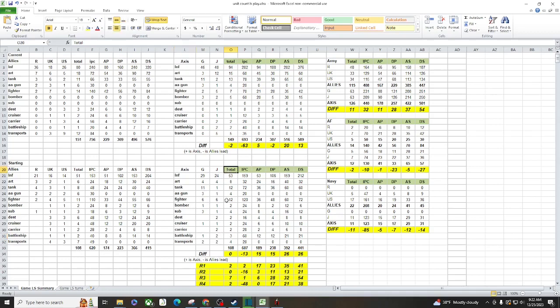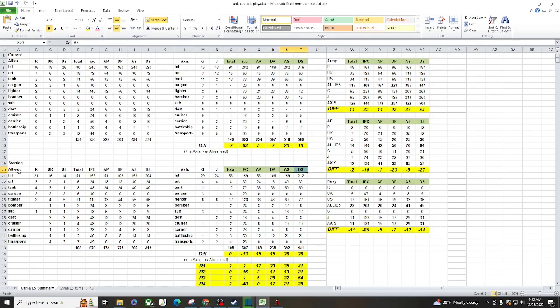And so what I got is the total number of units, including transports, that each side has, the IPC value of those, their attack power and defense power as you guys know them, and then my little nomenclature that I use of attack strength and defense strength, which takes unit counts into effect as well as their APDP. You have to watch one of my other videos where I explain that. I'm not going to go into detail on that right now, but these are the numbers I really like to look at.